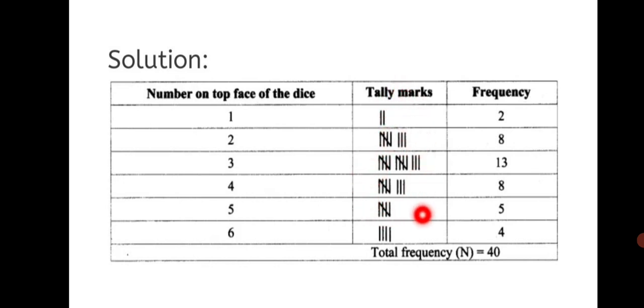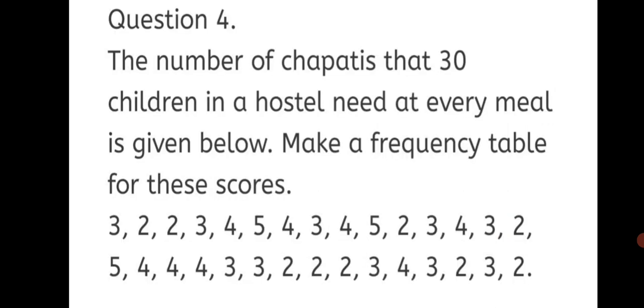Accordingly complete the tally marks table by putting the fifth one as a sleeping line and then continuing with the same procedure. Then you write the frequency by counting each of the given tally marks, and then total the frequency and write your final answer. Let's move on to question number 4, the last question.